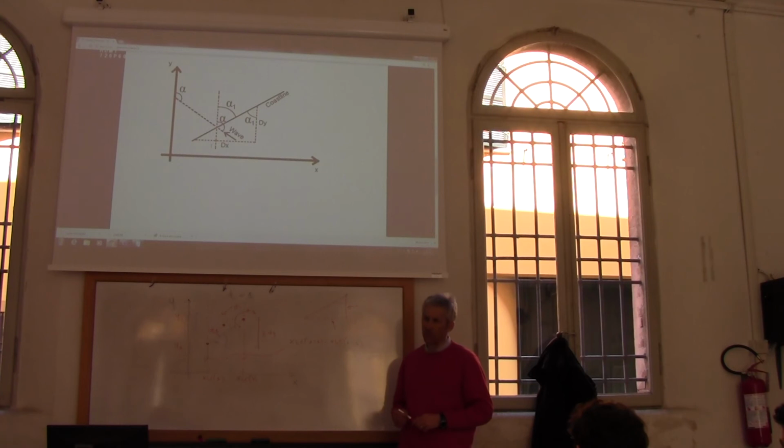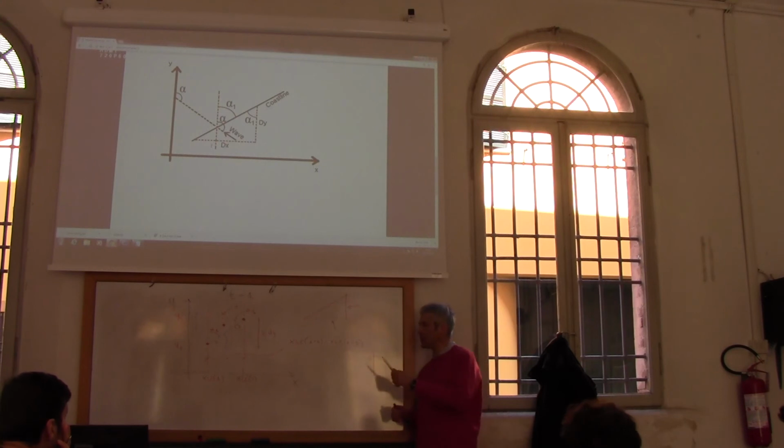And can I say acute also? Obtuse means more than 90 degrees, and less than 90 is acute. Okay, perfect. This is interactivity, you can help me. How do you call it in Italian?